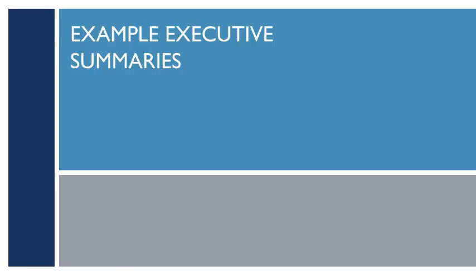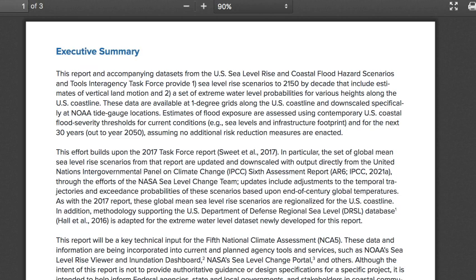So let's take a look at some executive summaries. The first one we're going to look at is about global and regional sea level rise in the US. It's put together by multiple authors working together, but it's put out into the world by the federal government.